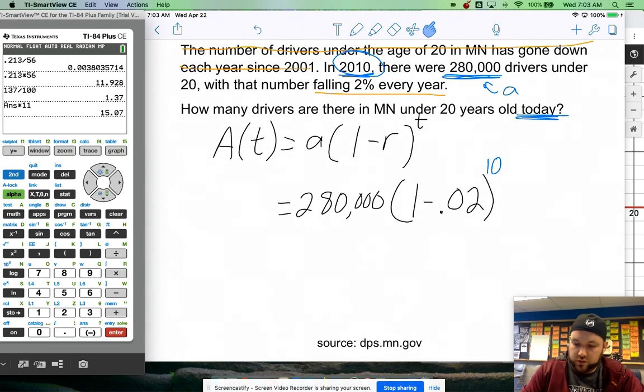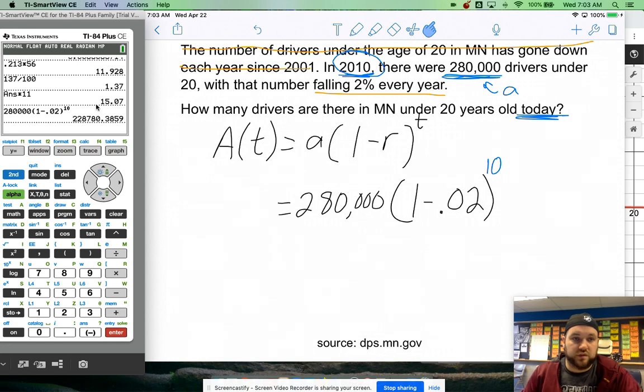Okay. So what's kind of nice about this is you can go through this and do it with order of operations if you want, or you can just type the whole dang thing into your calculator at one time. So 280,000 times 1 minus 0.02 to the power of 10. So we're talking people, so I'm not going to have any decimals here.